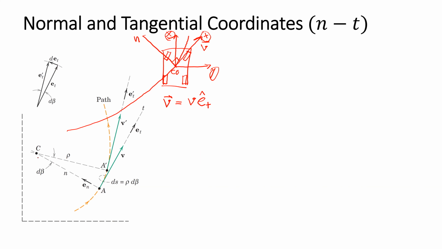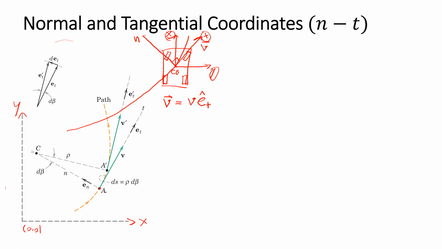We are going back to the schematic here. Before this, we had the x and y coordinate attached to a reference frame. But the nt coordinate is a moving coordinate attached to a particle.